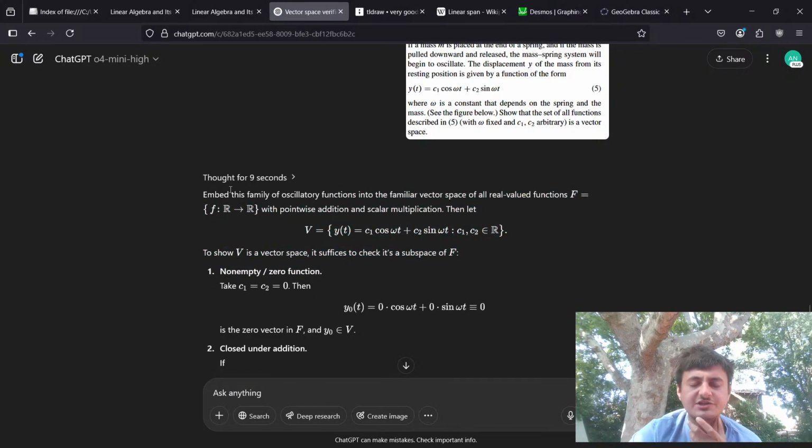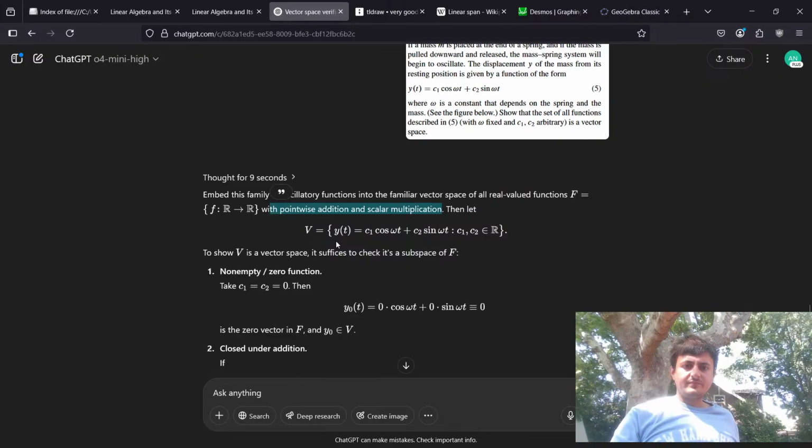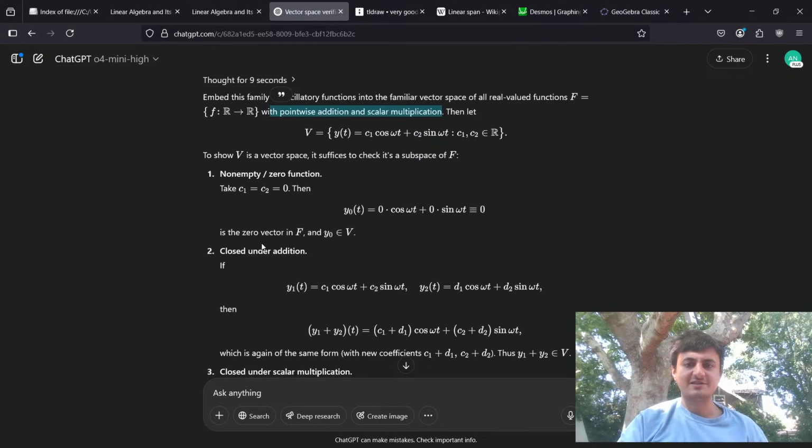Oh, wow. Okay. So this is how it does the proof. Embed this family of oscillatory functions into the familiar vector space of all real valued functions with pointwise addition and scalar multiplication. Then all you have to do is show it's a subspace. So that's really cool.